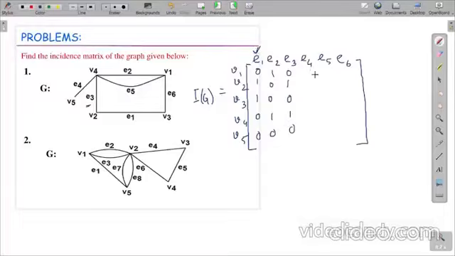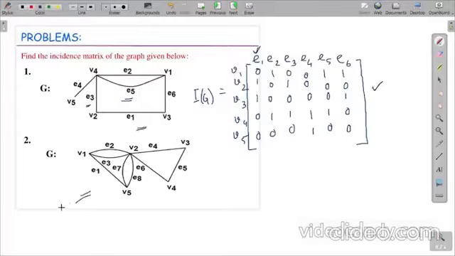Edge E4 connects V4 and V5. The rest will be 0. E5 connects V1 and V4. The rest will be 0. E6 connects V1 and V3. The rest will be 0. This is the matrix of this graph.